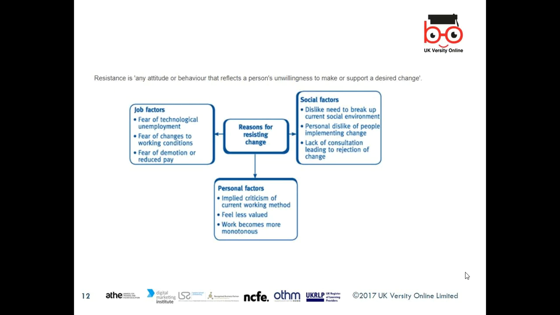So that's why we need to think about people having to learn the technology. If they don't learn it, ultimately they will lose their jobs. Fear of change to the working condition and fear of reduced pay. We need to look around. If you don't perform, your pay will be reduced. We need to look around those. We need to motivate.